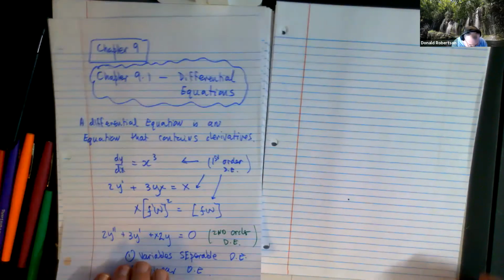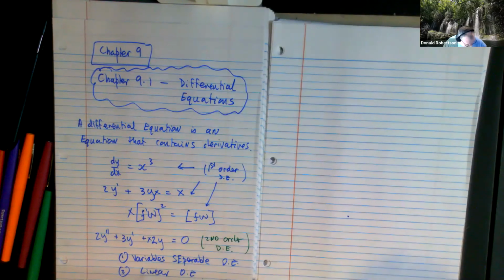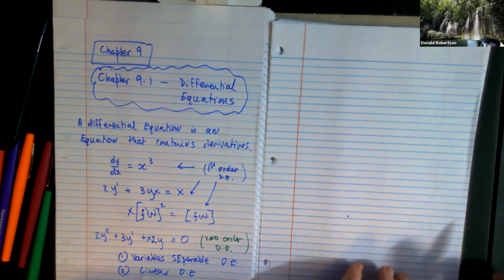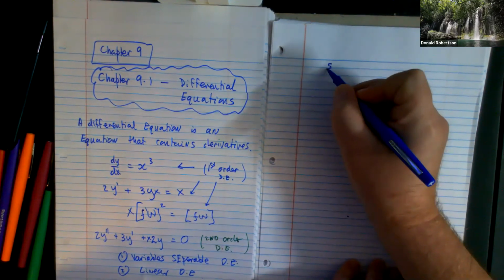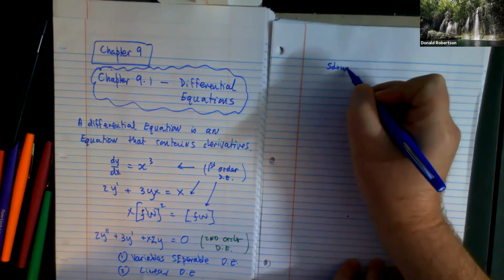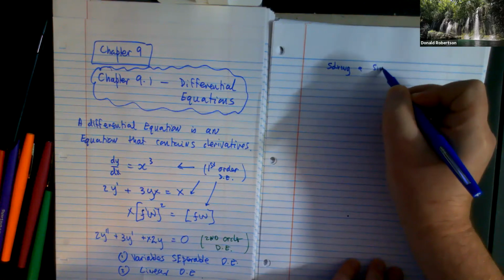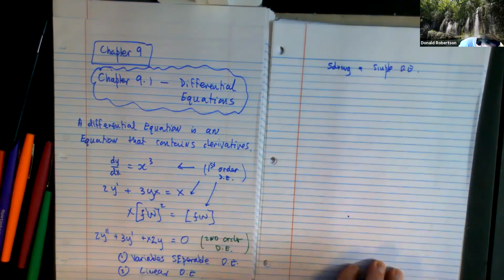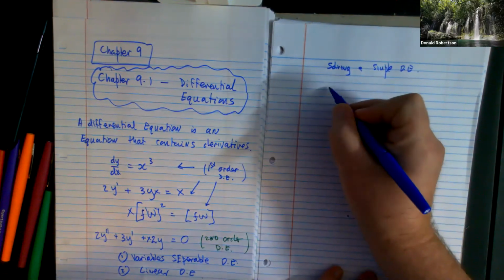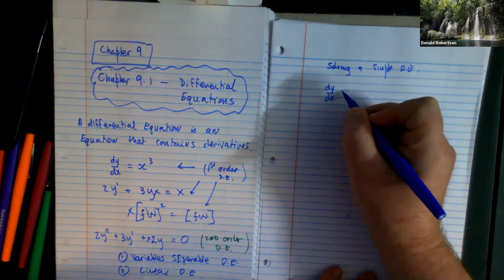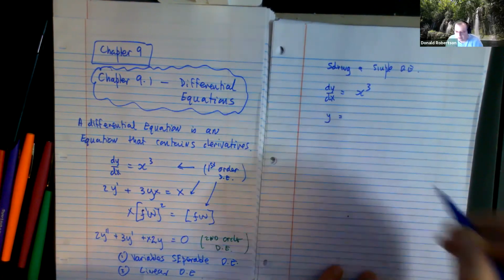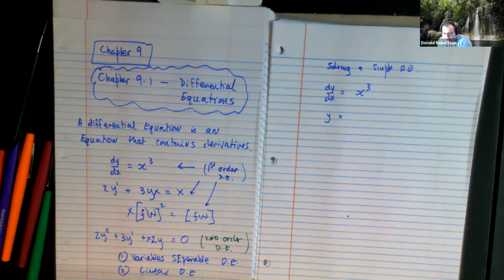Now, let's take a very simple differential equation. Why don't I just take that one, because I've written it down, and look at solving it. Well, if I tell you that dy by dx is x cubed, how do you think I could find y?